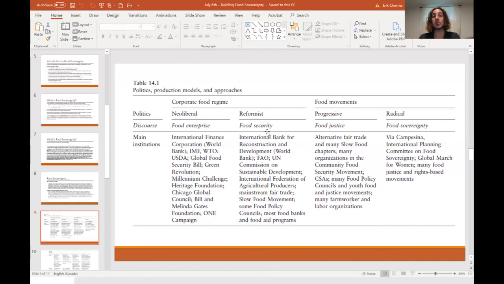The reformist, basically the food security model, also looks at increasing production, but then taking this production and giving it as charity to other people throughout the world. So basically looking at where there's starving people, or where there's malnourished people, and then using overproduction to provide charity to people in need.